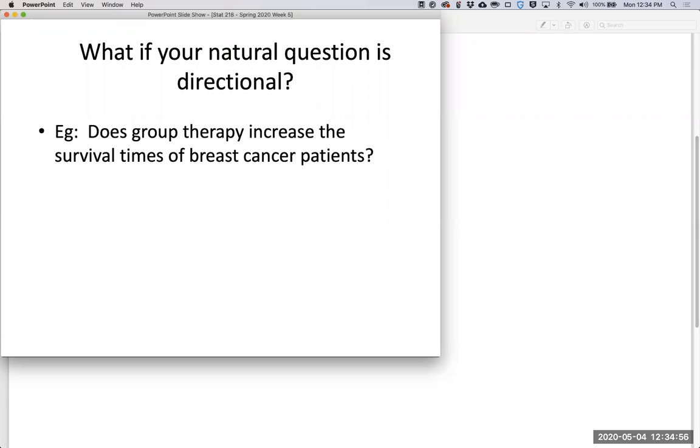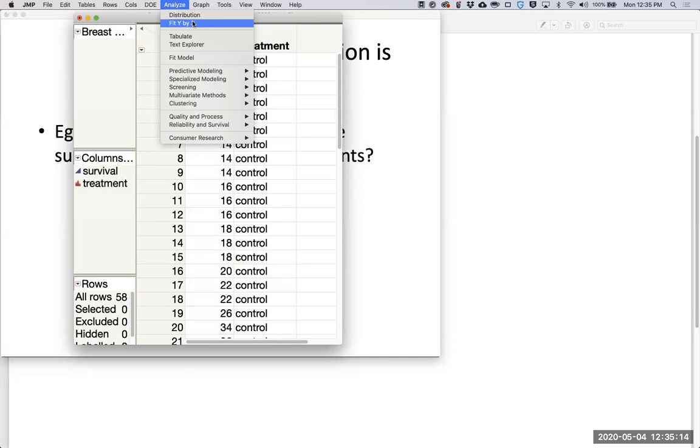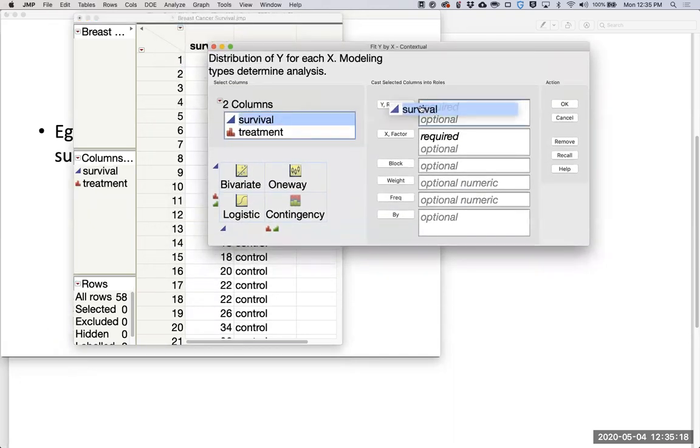So let's look at the data. I've got the data here. Survival in months. Now, these are stage 4 breast cancer patients, so the survival times were often quite short, and they're in the control group, or later down, there's the treatment group. Under Analyze, Fit Y by X, again, I'm doing it for you to show you what the output looks like because it's going to be on your test.